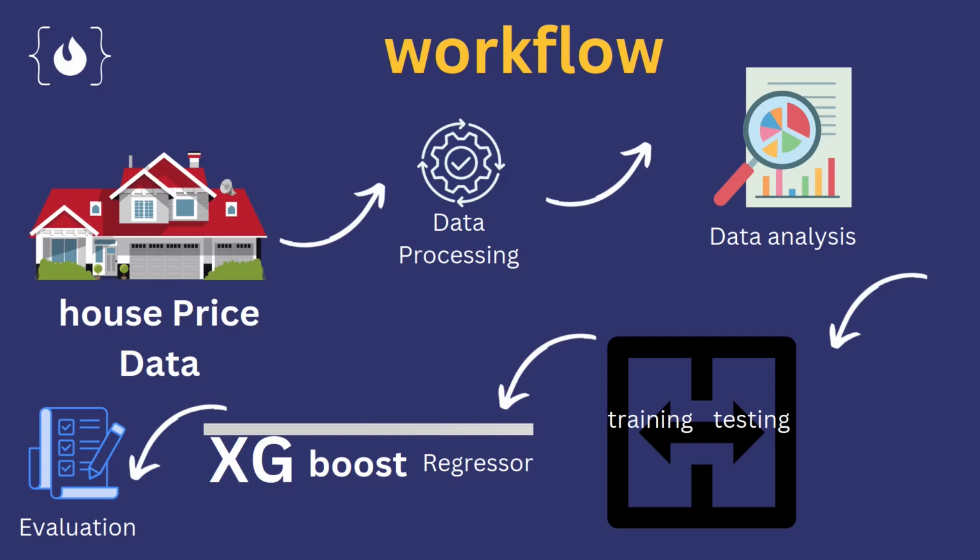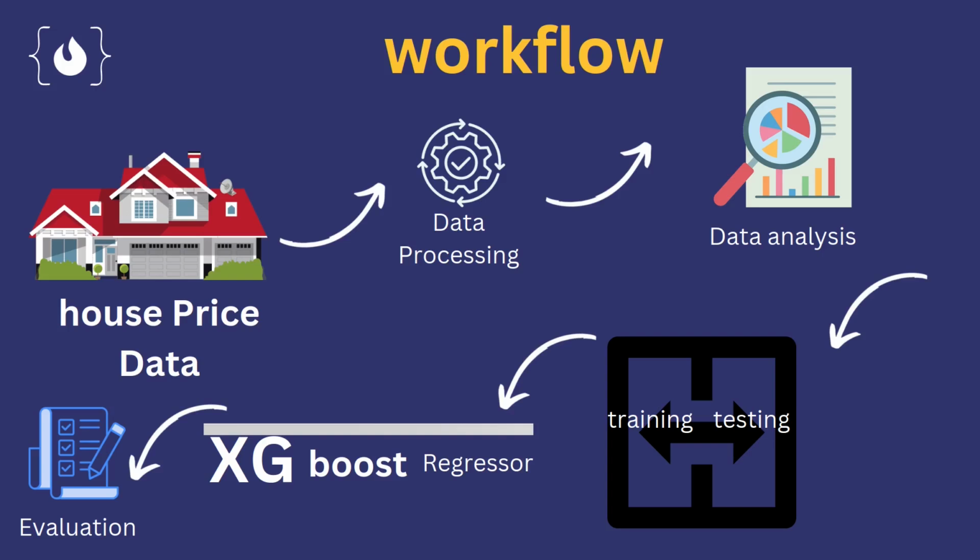That's why we are splitting it. The XGBoost Regressor is a decision tree based algorithm. It's very useful for regression cases. This is the Extreme Gradient Boosting regressor. We need to predict a continuous or numerical value, which is the price of the houses, so we use the regressor model.